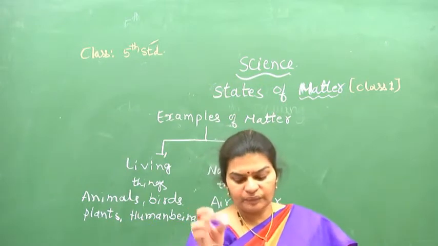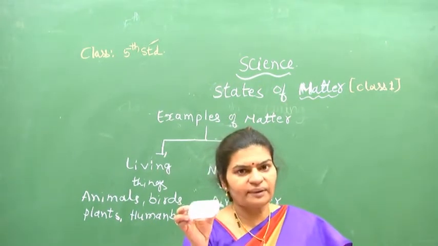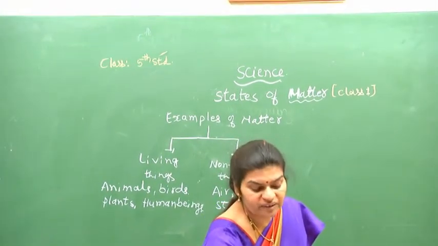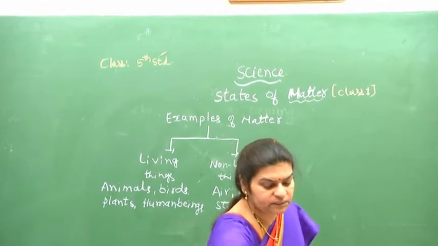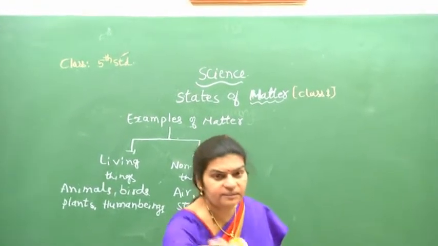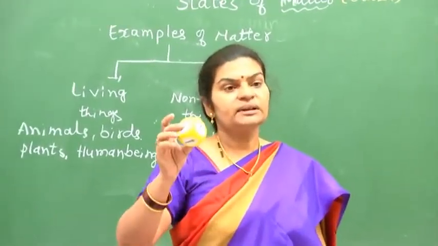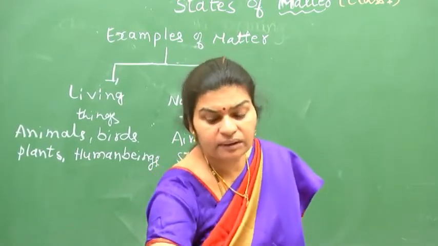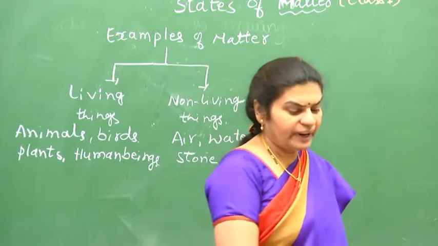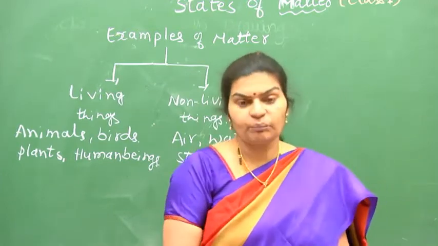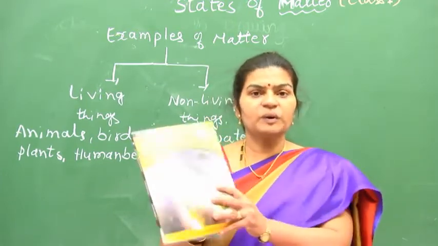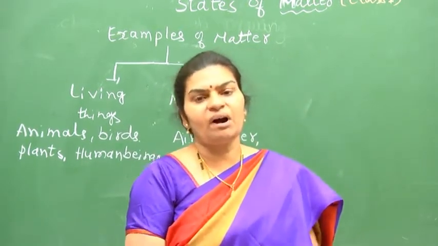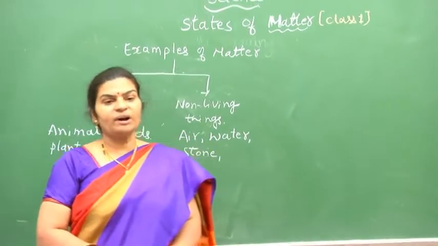So stone, and this is the box, and I have brought some colored liquid, water, and this paper weight, which we use for keeping on a book, and all these things that I have shown. The textbook of your class is also an example of a non-living object.